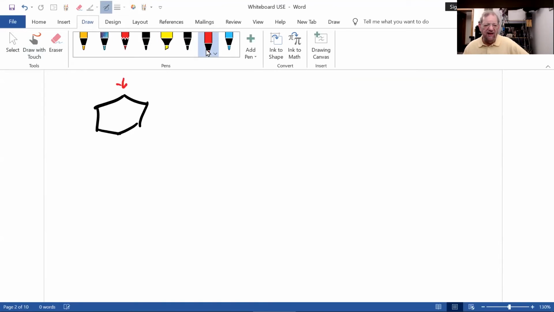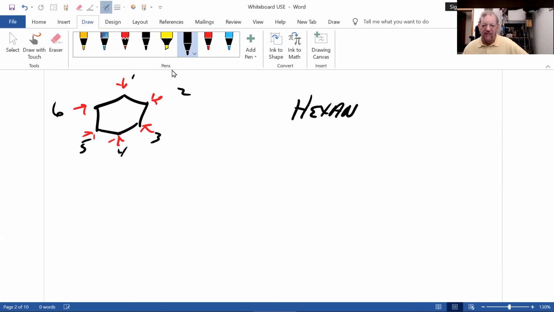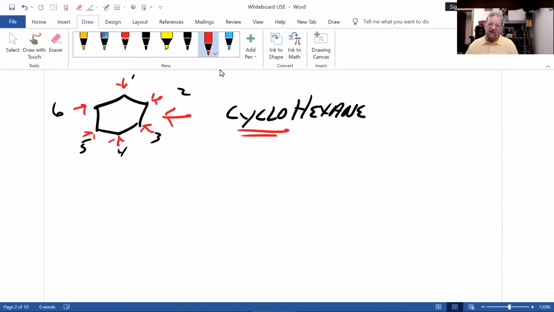And every bend in the line is a carbon. And if you look at this, 1, 2, 3, 4, 5, 6. 6 carbons alkane is hexane. But this is a ring, and therefore we call that cyclohexane. You use the prefix cyclo when you have a ring. And Dr. White really and Mother Nature love 6-membered rings, cyclohexane.